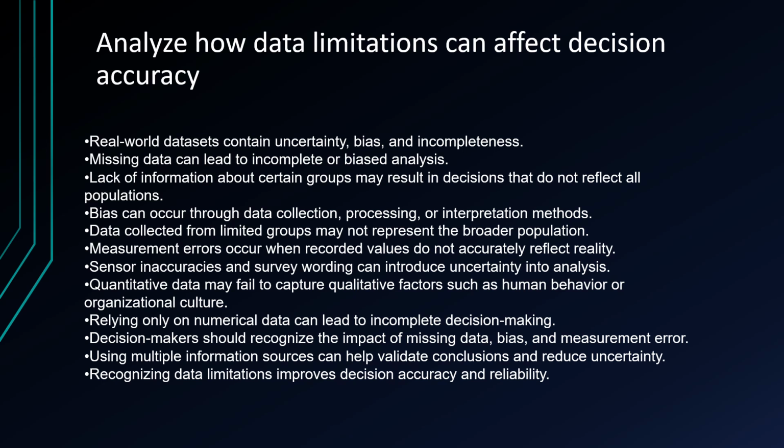When independent datasets, methods, or observations produce similar findings, confidence in the results generally increases. Recognizing data limitations ultimately improves decision accuracy and reliability because it encourages critical thinking and cautious interpretation.